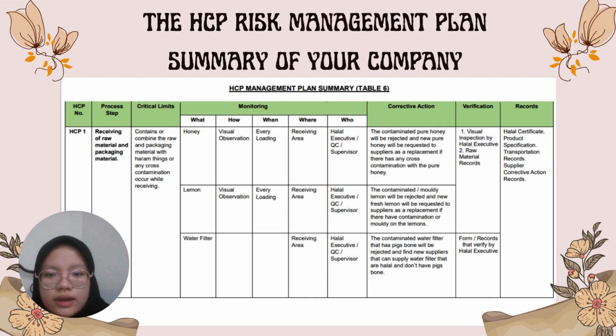We have three raw materials, which are honey, lemon, and water filter. How can it be checked in more detail? Through visual observation. The halal executive or the quality control of the company can do the visual observation when the raw material is received at the company.